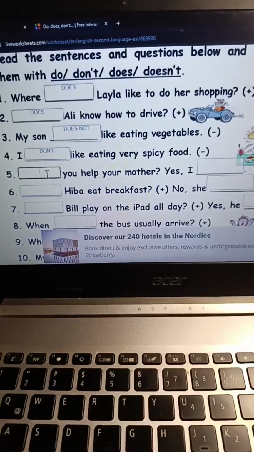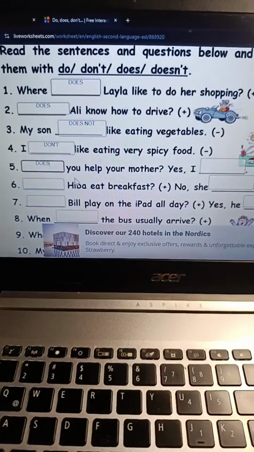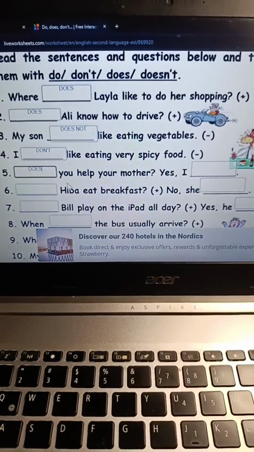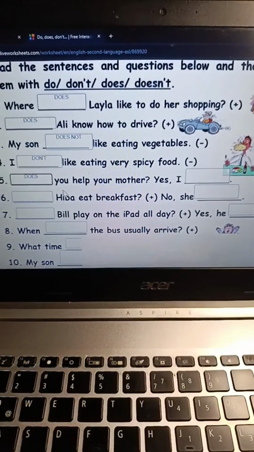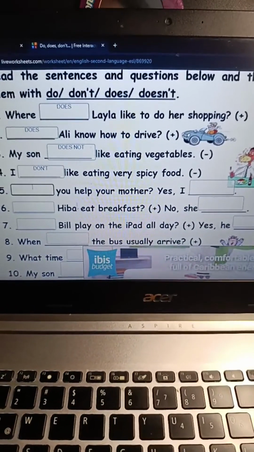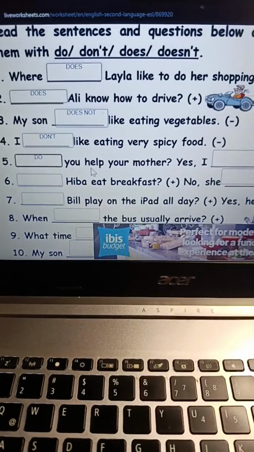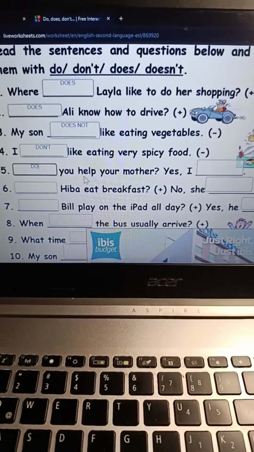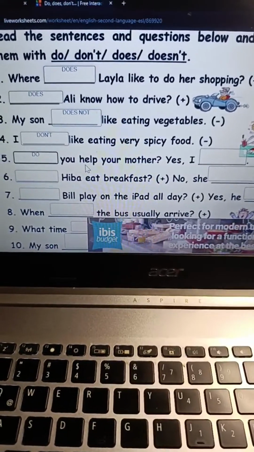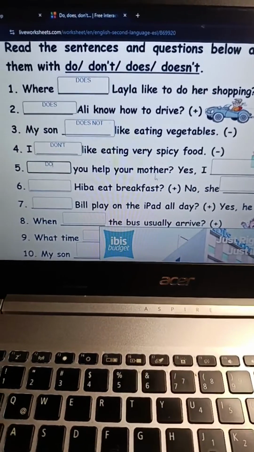Is it possible? Does you? What do you think? Does you help? Of course, this is incorrect, right? With you, we use do. Do you help your mother? And this is a question.